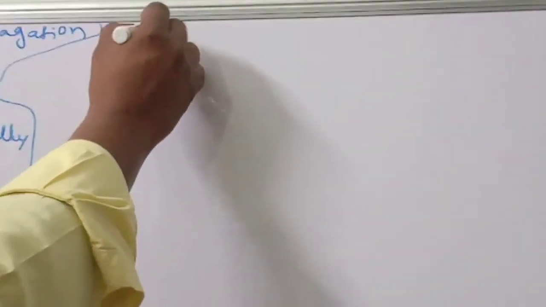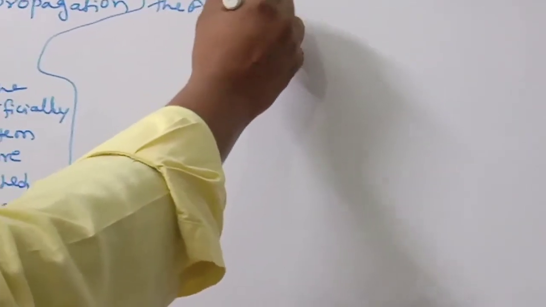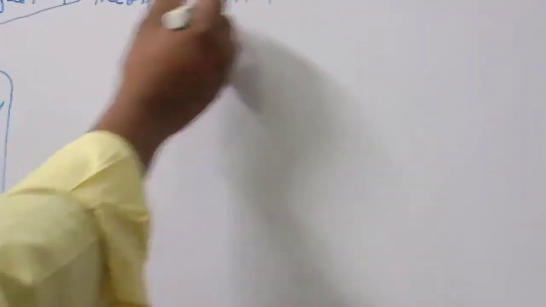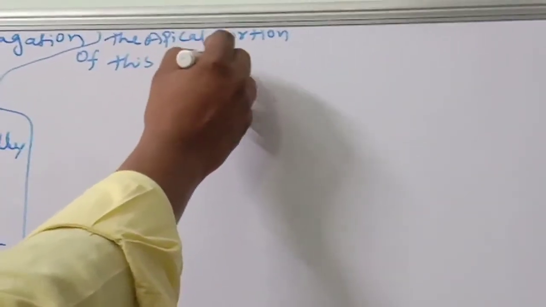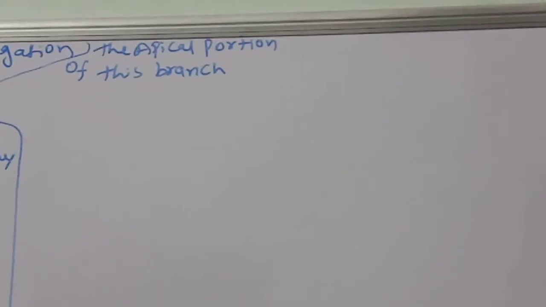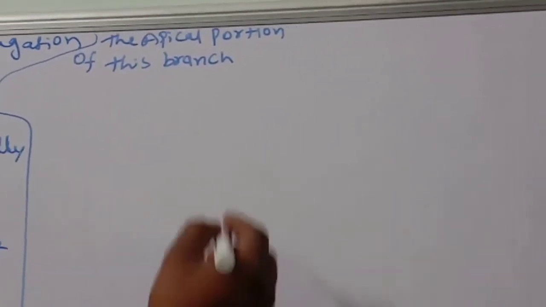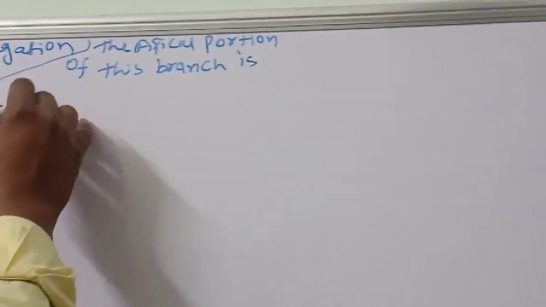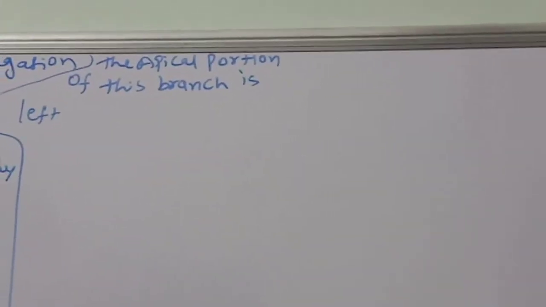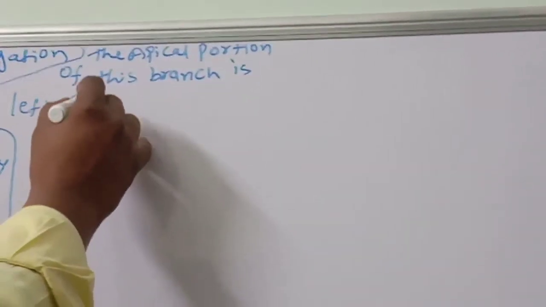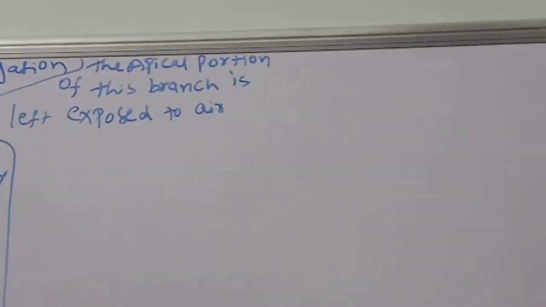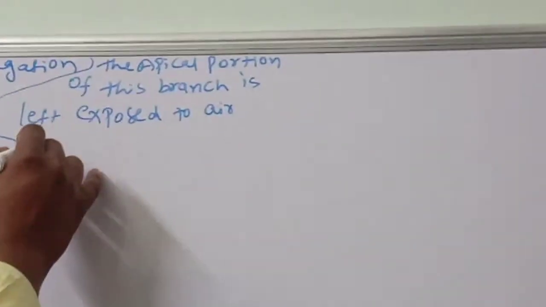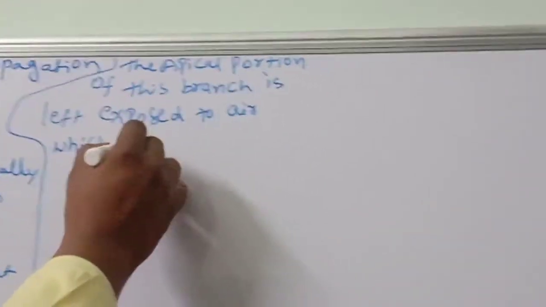The apical portion of this branch is left exposed to air, which develops leaves.